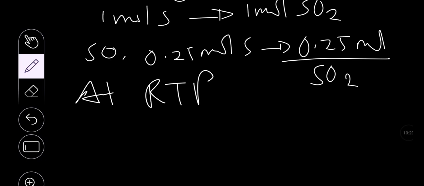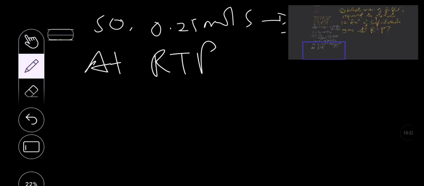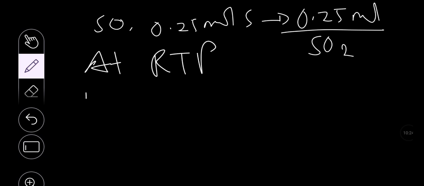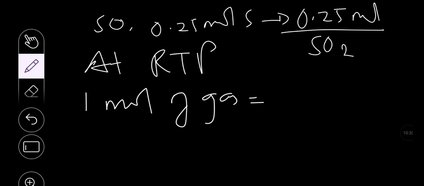At RTP, we know that 1 mole of any gas gives us 24 cubic decimeters. That's what we know, right? This relationship is in chemistry. You just have to know it. And most of the time during the IGCSE exam, this is a key which is found on the periodic table there.